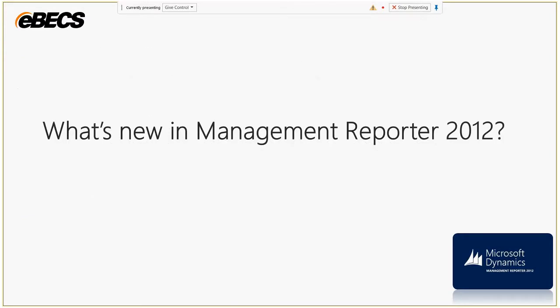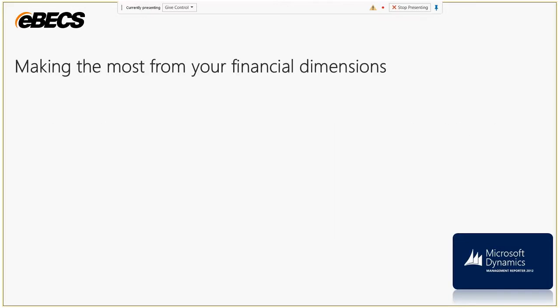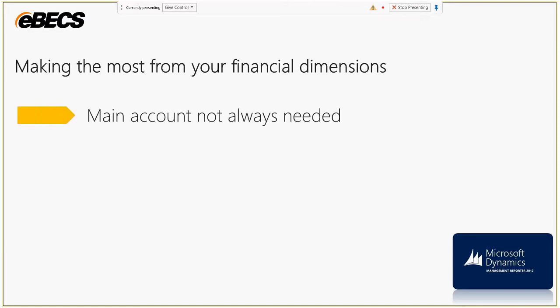So what's new in Management Reporter 2012? There's a few things that stand out as new good features that we'll be looking at. The key Microsoft put forward was to make the most from your financial dimensions. Okay, because when you're reporting, you don't always need the main account.